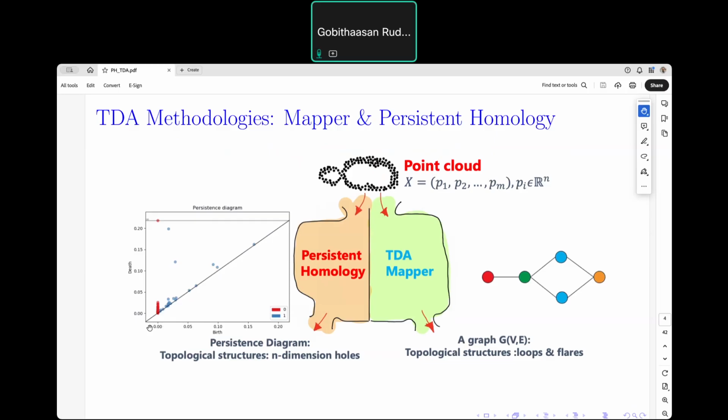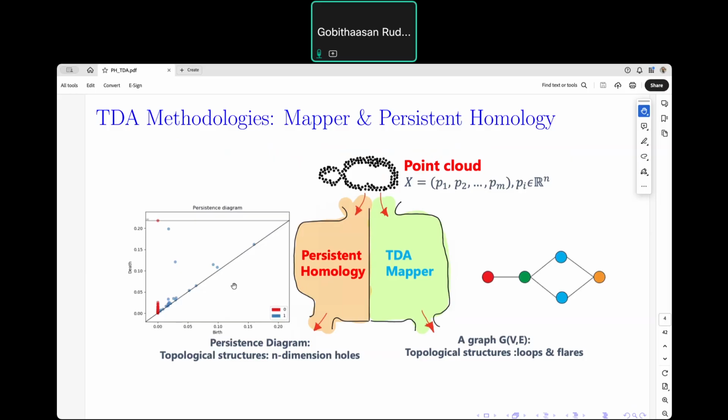The x-axis represents the birth of the nth dimensional hole, whereas the y-axis represents the death of that hole.